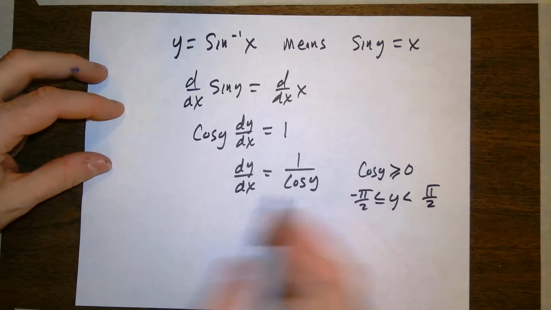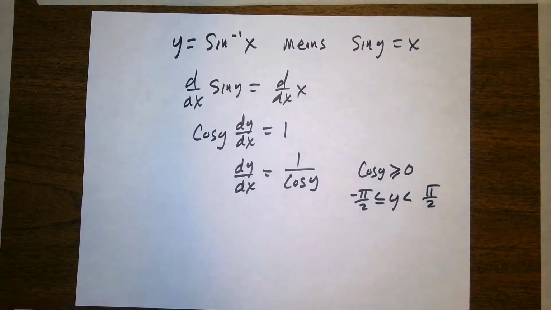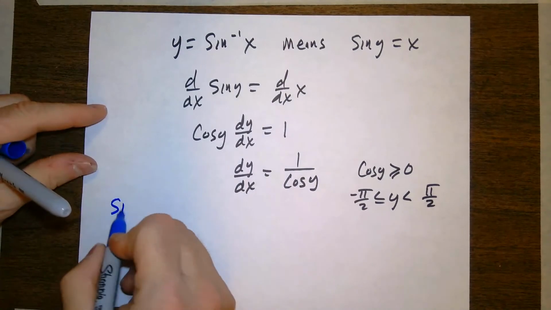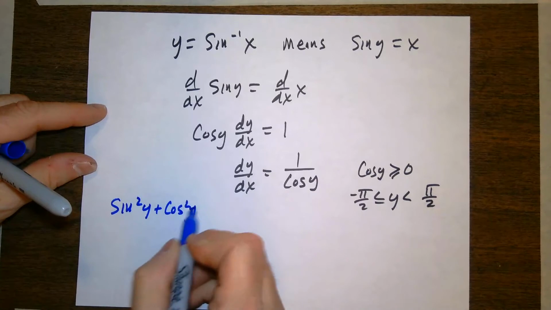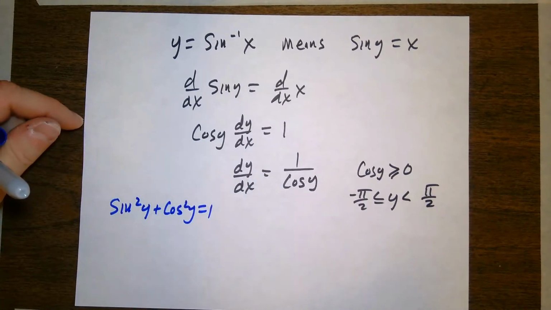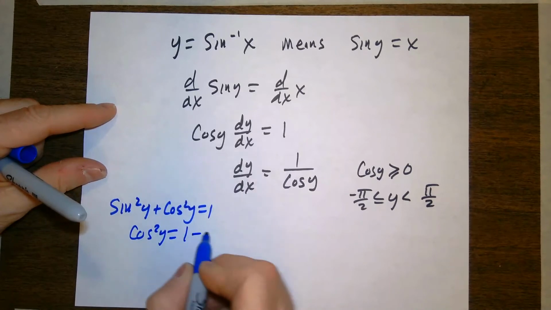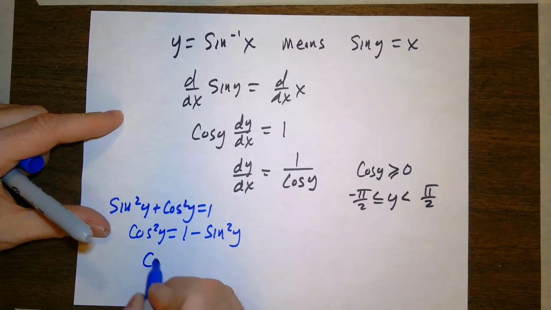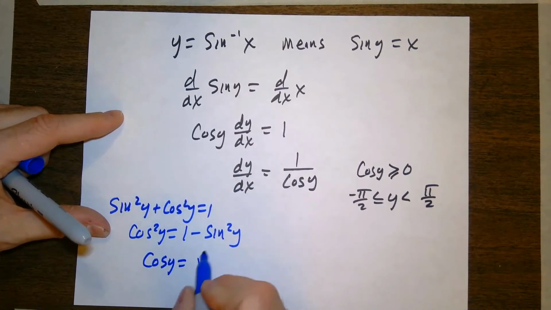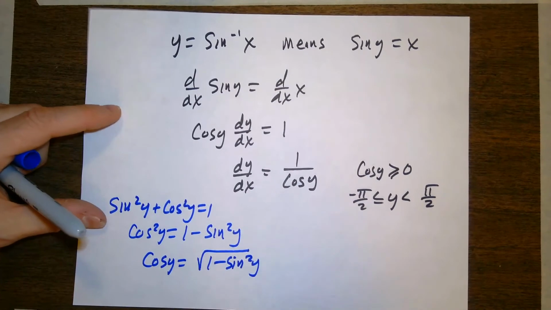We should remember the Pythagorean identity, sine squared y plus cosine squared y equals 1. If I solve this, cosine squared y equals 1 minus sine squared y. Then the cosine of y equals the square root of 1 minus the sine squared of y.